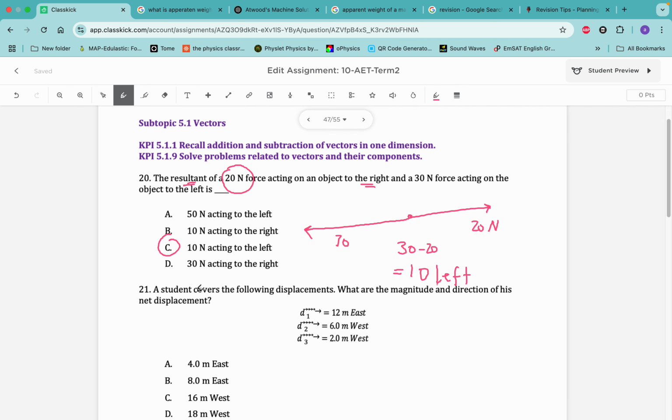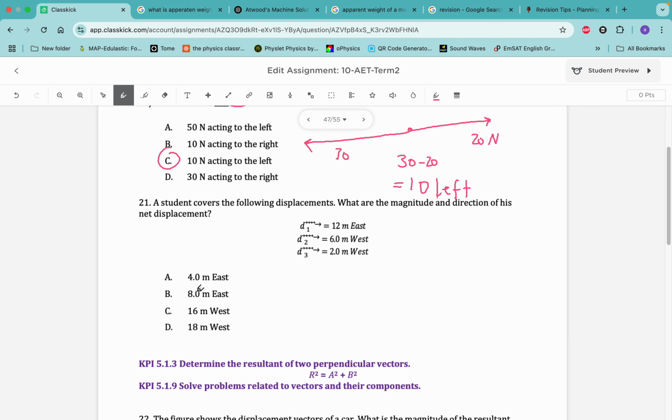Now, going to the next question. A student covers the following displacement. What are the magnitude and direction of the net displacement? So we need to find the magnitude and the direction. By drawing as usual, we have 12 east, because this is east. While, let's change the color, here we have 6 west, then again 2 west.